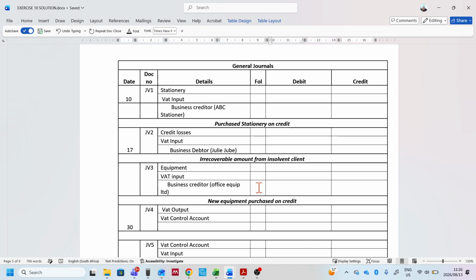Those that are debited will be written first. Those that are credited will be written lastly. So you always start by writing the account that is being debited, followed by the account that is being credited. Do not start with the account credited and then followed by debited. It will be an incorrect principle.